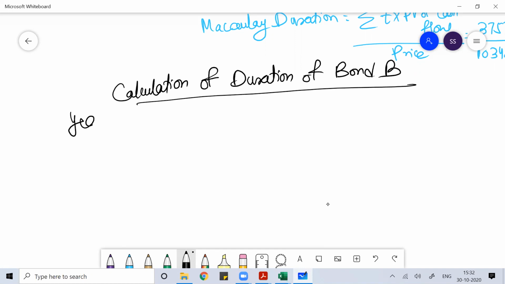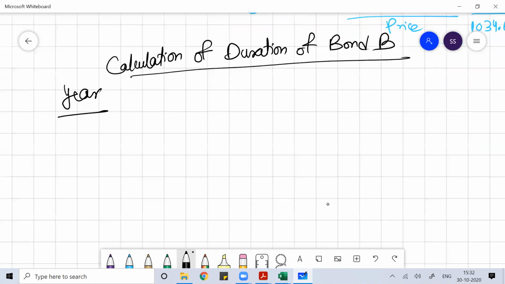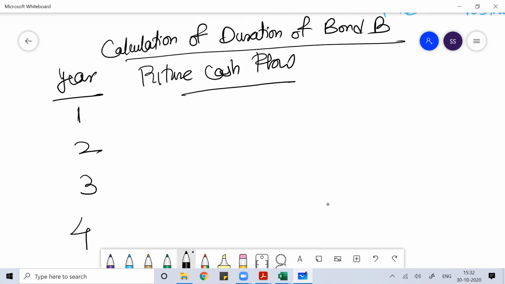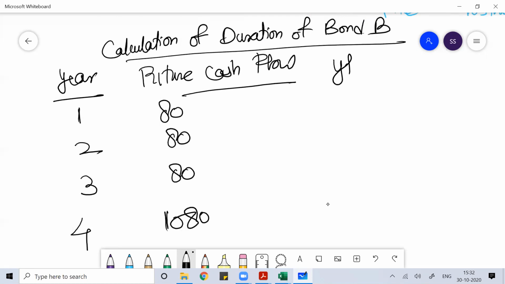You can write down the years 1, 2, 3, 4. Future cash flow. Earlier the coupon percent was 7%. Now the coupon percent is 8%. 8% of 1,000 would be 80, 80, 80, and then 1080. YTM would be 6%.